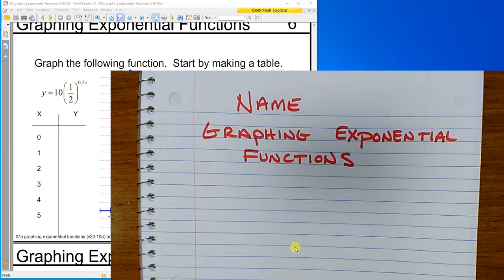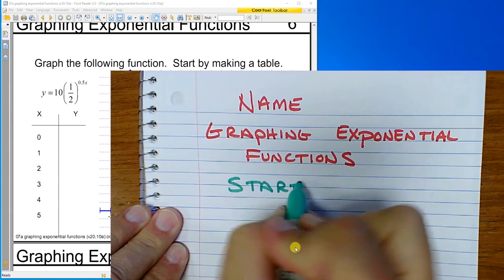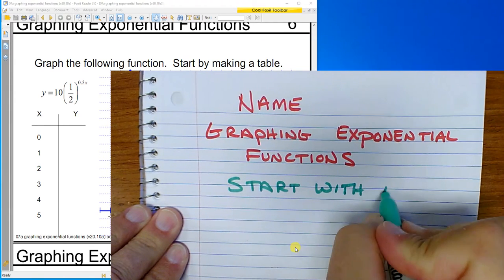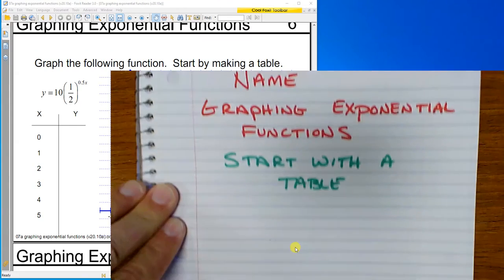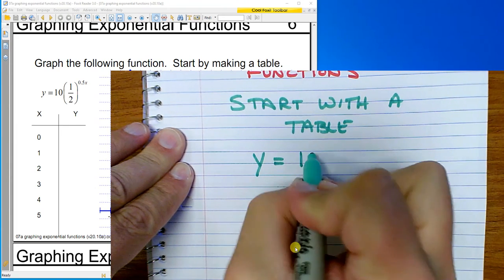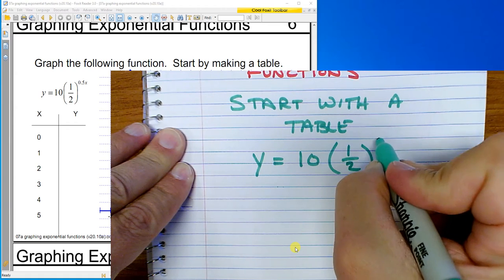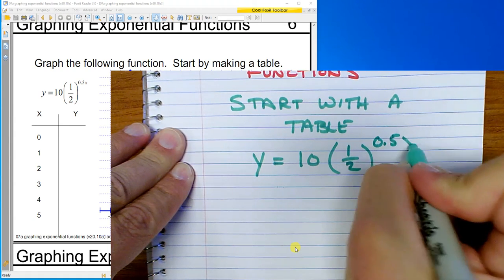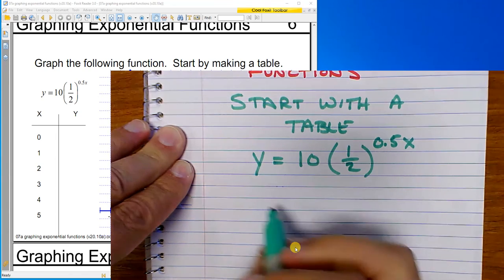We're going to make a table of values, and then we'll plot the points. So in this case, we're going to be graphing y equals 10 times 1/2 raised to the 0.5x. This is what we're about to graph. This is an exponential function.